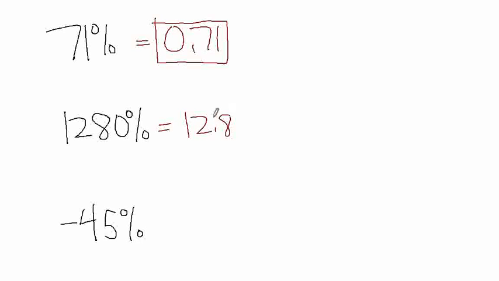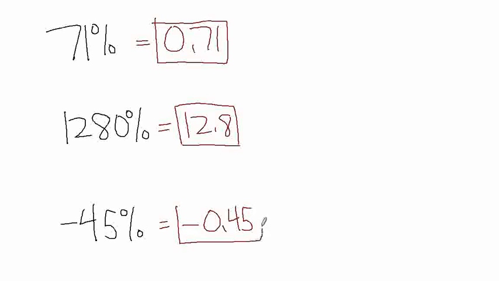So for all of these, I'm just going to move the decimal point 2 hops to the left. So the first one gives 0.71, the second one gives 12.8, and the last one gives minus 0.45.